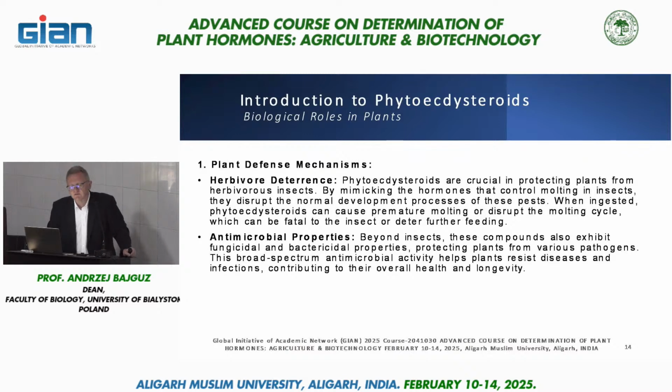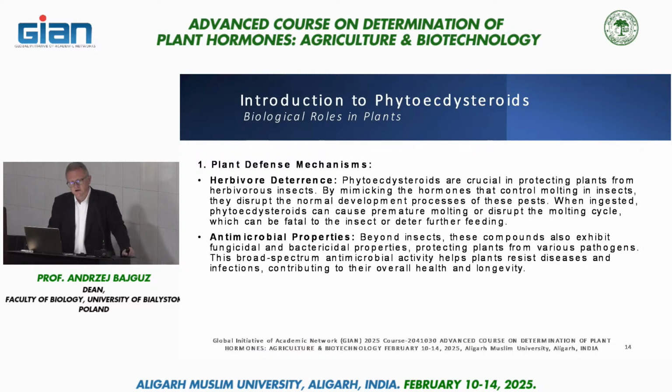As a result, phytoecdysteroids act as a natural pesticide, reducing insect herbivory without the need for synthetic chemicals. Beyond the insecticidal effects, some phytoecdysteroids also exhibit antimicrobial properties, protecting plants from fungal and bacterial infections by inhibiting pathogen growth.